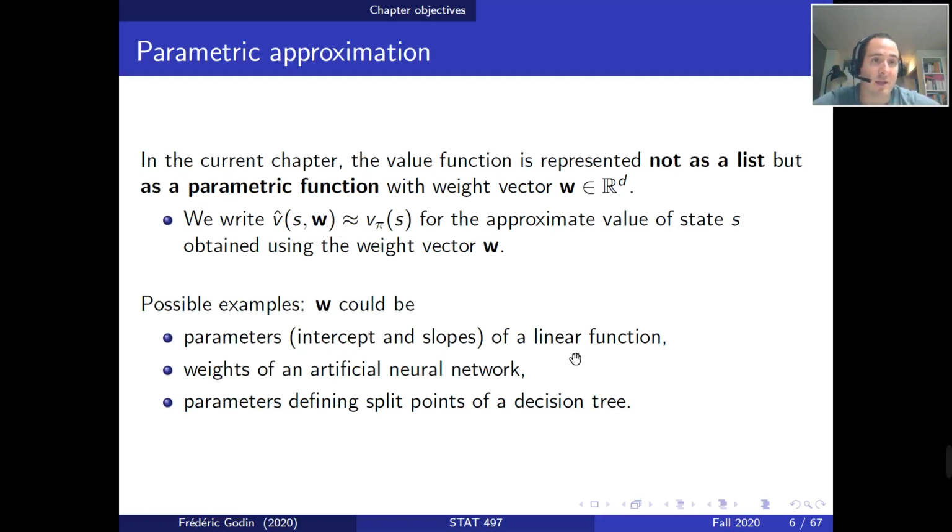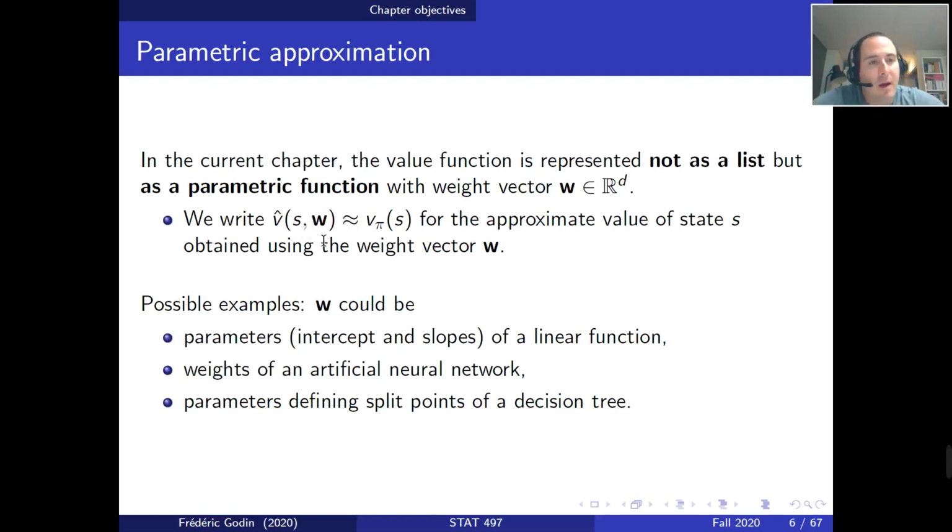For those who did statistical learning, v hat could be a decision tree, and here the W's could represent the various cut points of values for the tree and the various decision variables for the tree. So we can see v hat can be many types of function, and W are simply the parameters characterizing this function.